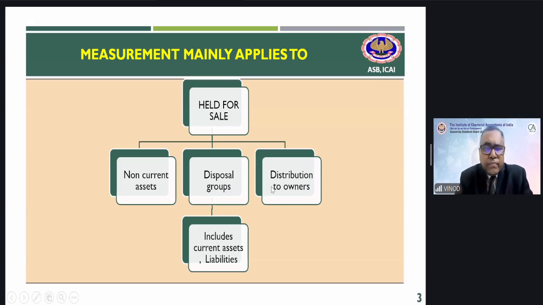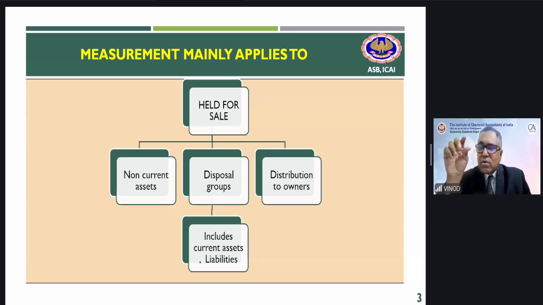Okay. So we are dealing with the first part, which is non-current assets held for sale. If you look at this chart, it has three parts. First part is non-current assets, meaning it will only include the non-current asset portion of the balance sheet. Current assets are excluded.